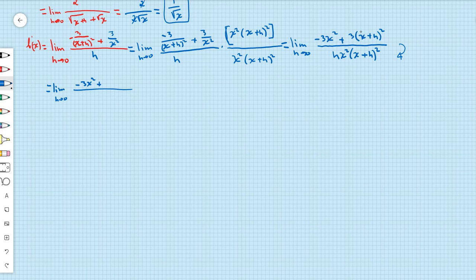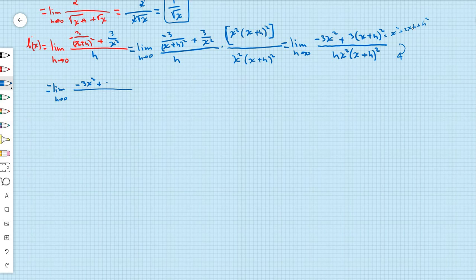So let's expand that. That term equals x squared plus 2xh plus h squared, right? So that's one of the remarkable identities. If you expand that, that's what you'll get.